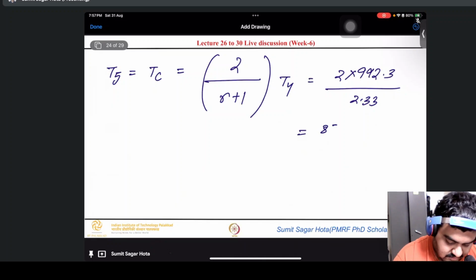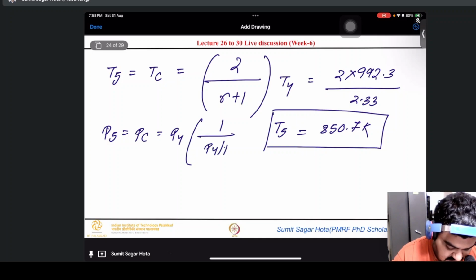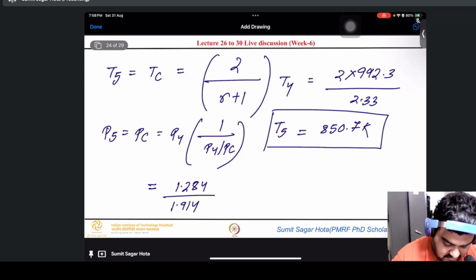You can quickly calculate 850.7 as the value of T5. Then find P5, which is equal to Pc, equal to P4 into 1 by P4 by Pc, that is 1.24 divided by 1.914. So we have P5 as 0.671 bar.